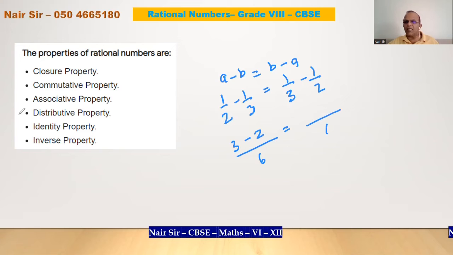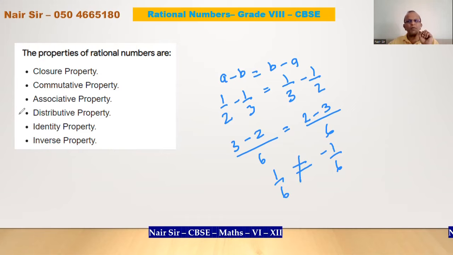Again the same thing, 6, 2 minus 3. There I get 1 upon 6 and over here I get minus 1 upon 6. Are they equal? No. That means commutative property for subtraction fails. It is not true. Are you getting the whole idea?